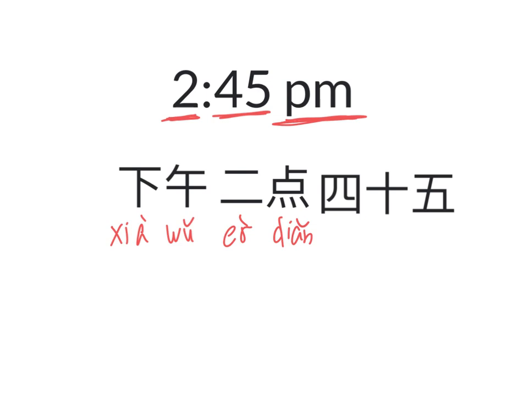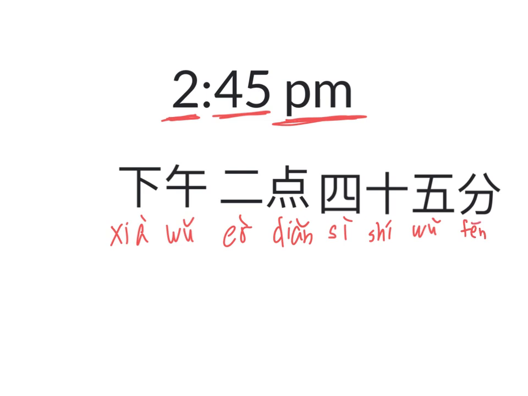I think we already know that, since we already know the numbers. And since 45 is in the minute, we just have to add the last character that we have learned, the word 分: 45分.